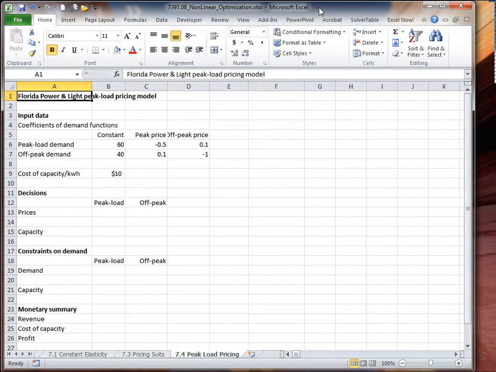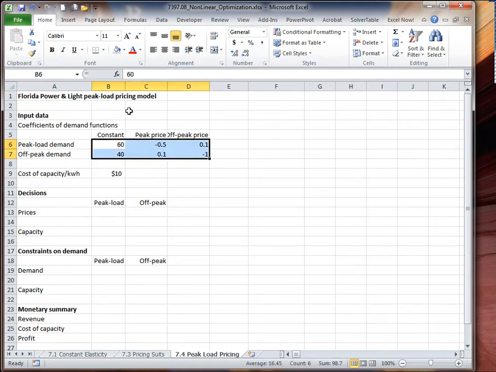If they were just trying to meet demand during peak hours, that would be one value. But if they're trying to see what the overall demand is for both peak and non-peak hours, then they come up with a slightly different solution.